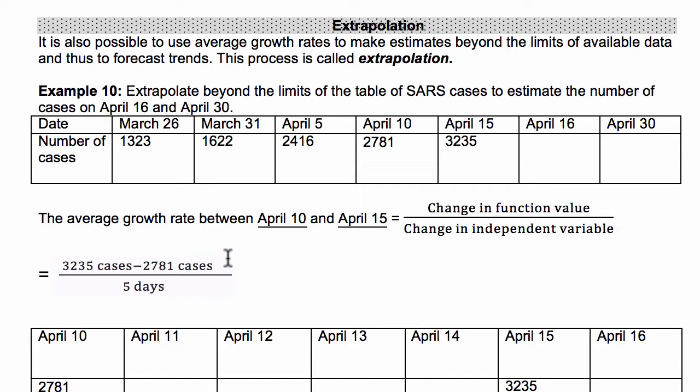So 454 new cases occurred in these 5 days. We use sharing division to share those 454 cases evenly among those 5 days. The result is 90.8 new cases per day.